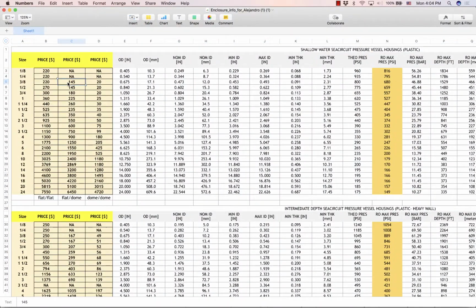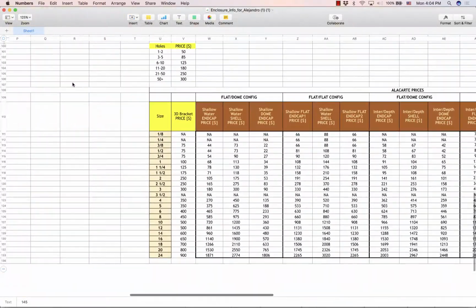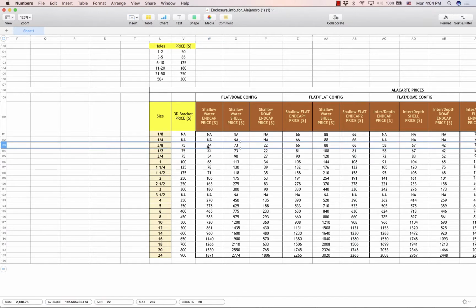So here it is. 3/8, end cap 1 flat, and end cap 2 dome. It's 145. So again, 44 plus 73 plus 22, 139. So the price didn't match for some reason, but it should match.